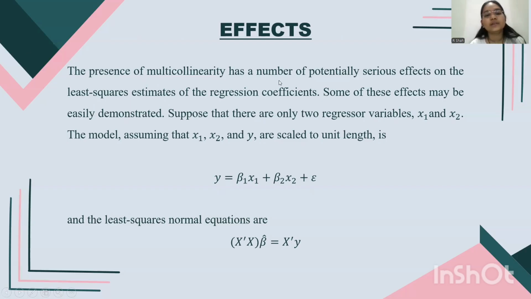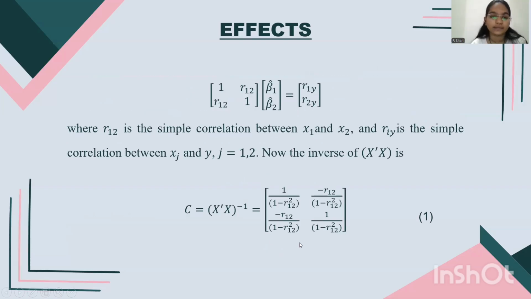So the presence of multicollinearity has a number of potentially serious effects. If there is multicollinearity, there is a potentially serious effect on the least square estimates in regression models, right? So this is our model, and the least square normal equations are X dash X beta cap is equal to X dash y.